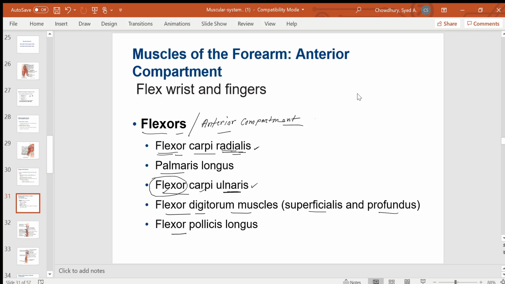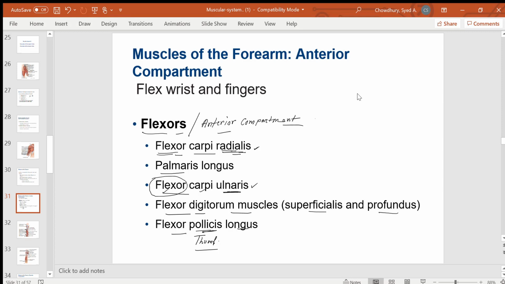Then flexor pollicis longus. This one will go to the pollicis, meaning thumb. So it will work on the thumb and cause the flexion of the thumb. So you see, all these names make sense. If you just think, it will be easy for you to identify.